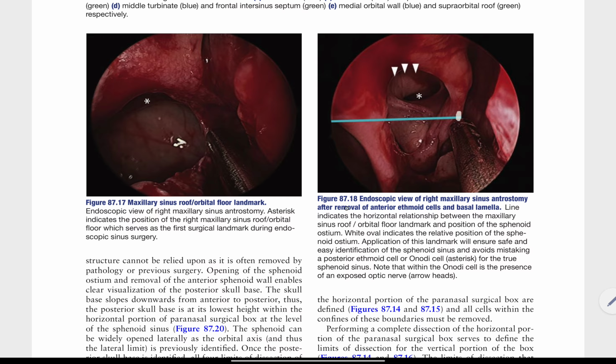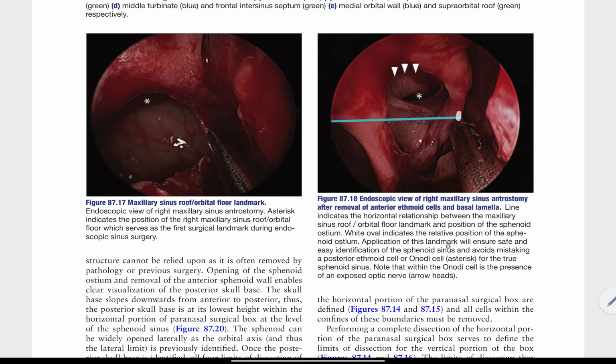Figure 87.18. Endoscopic view of right maxillary sinus antrostomy after removal of anterior ethmoid cells and basal lamella. The line indicates the horizontal relationship between the maxillary sinus roof or orbital floor landmark and the position of the sphenoid ostium. The white oval indicates the relative position of the sphenoid ostium.